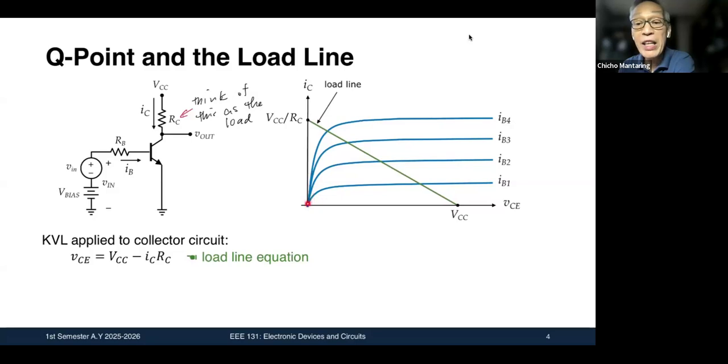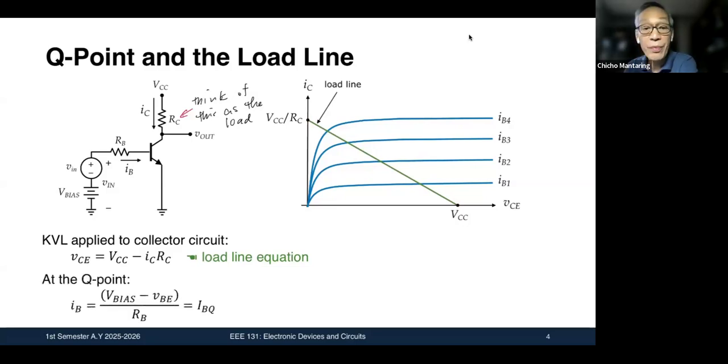When VCE is equal to 0, we see that IC is just VCC over RC. On the other hand, when IC is equal to 0, my output VCE will just be equal to VCC. So that is your load line.